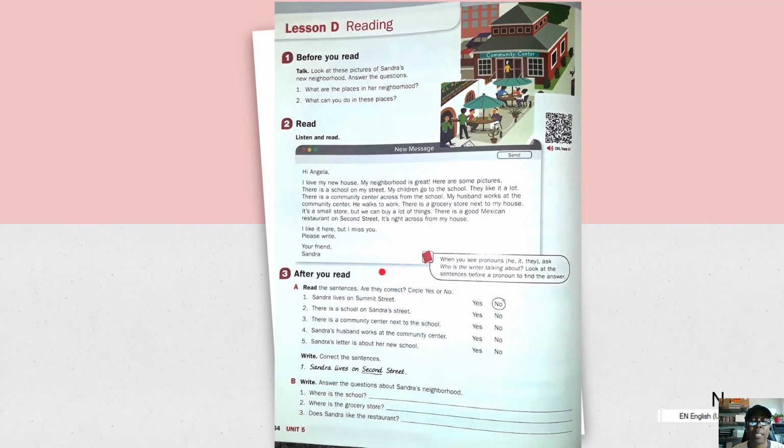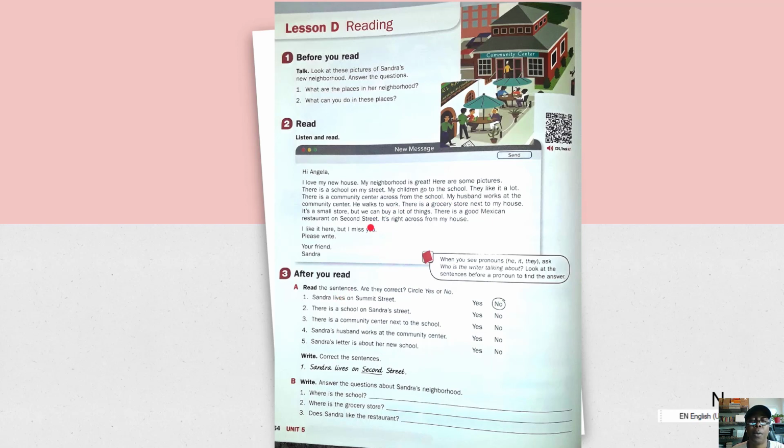We know that's correct because as you read the whole paragraph, the only sentence that has a street name is this one right here, where it says, there is a good Mexican restaurant on 2nd Street. But that's talking about the restaurant. It's not talking about where Sandra lives.